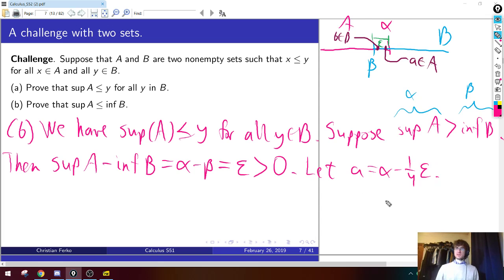You have to prove that there exists such an element. I'm not entirely sure we can prove that this exact point exists. We can't prove that this exact point exists, but can you prove that there must be at least one element between alpha minus 1/4 epsilon and alpha? How do we know there must be at least one element in A between this guy and alpha?